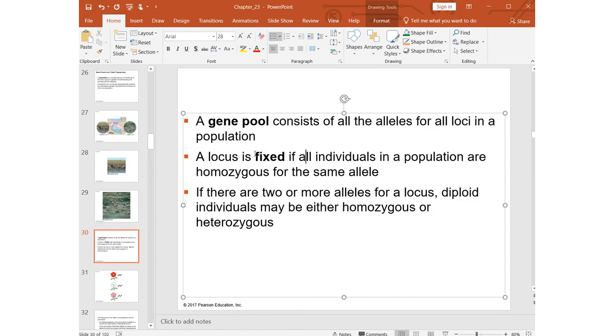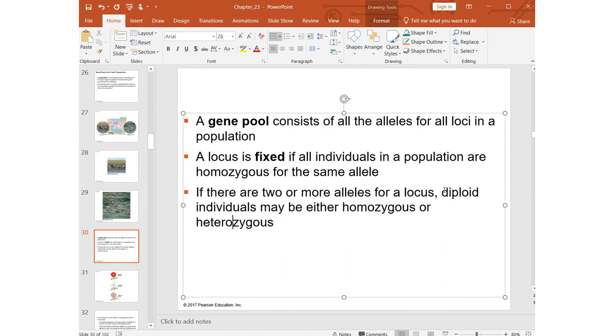A locus is fixed if there's only one allele at that locus, basically. So if there are two or more alleles for a locus, then if the species is diploid, diploid individuals can be either homozygous or heterozygous.